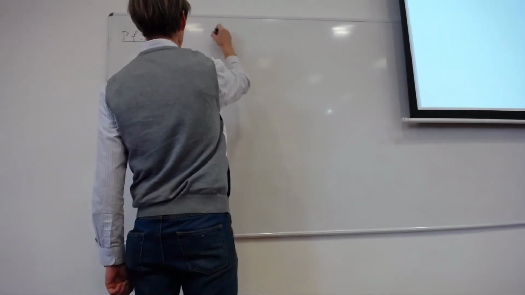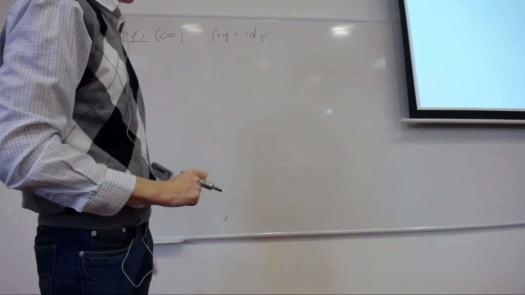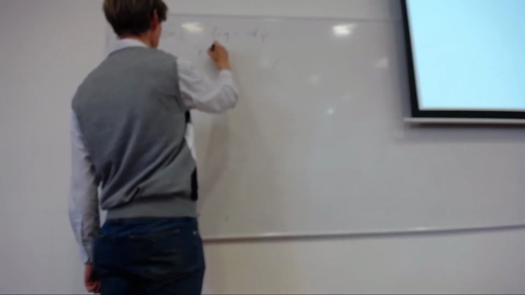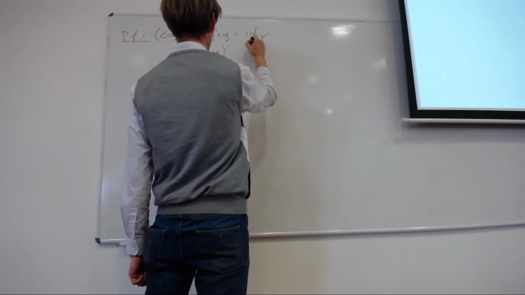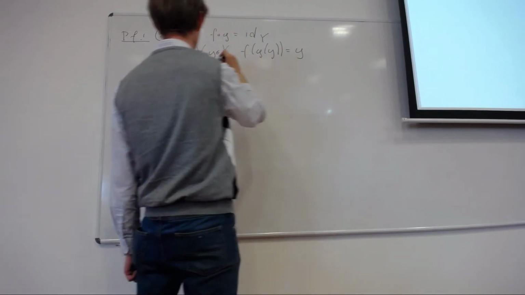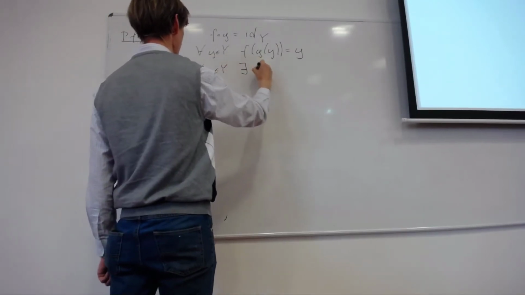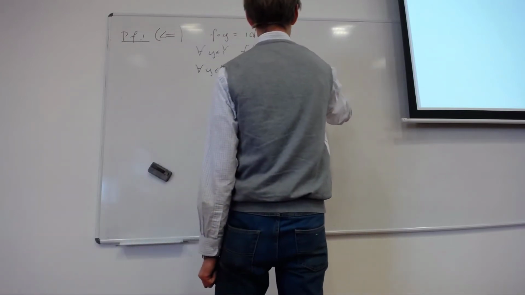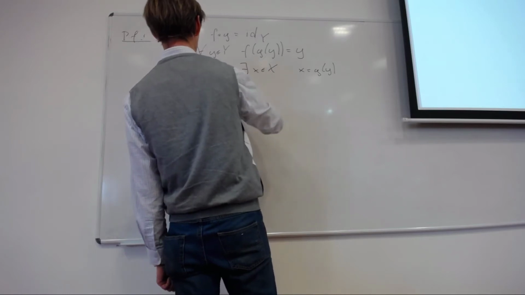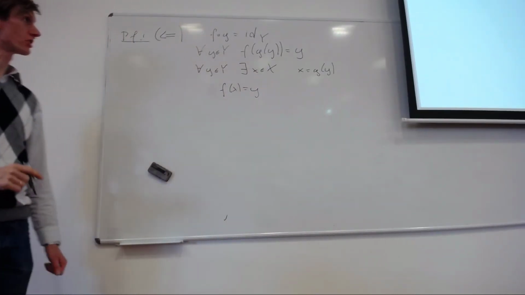If f composed with g is just the identity on the set Y, that essentially means that for every element y in Y, f composed with g of y is equal to y. So for every element y in Y, there's an element x in X, namely x equal g of y, such that f of x is equal to y. So there's really nothing to show here.